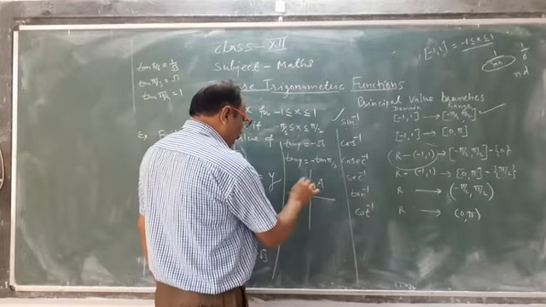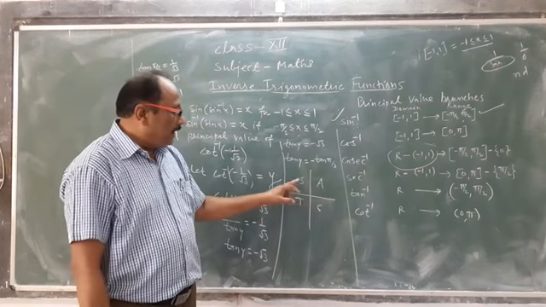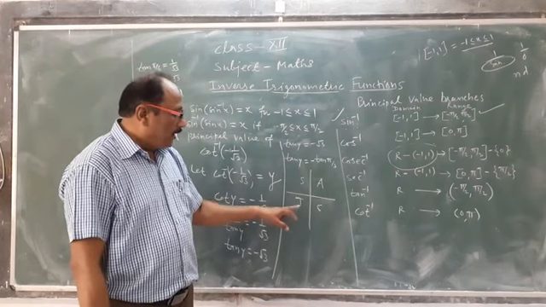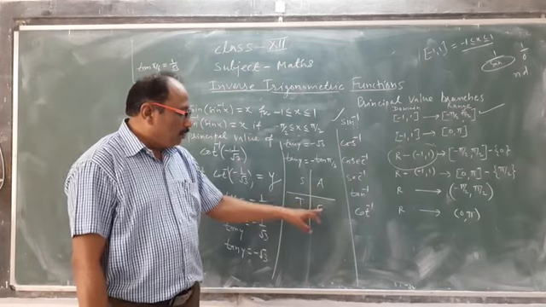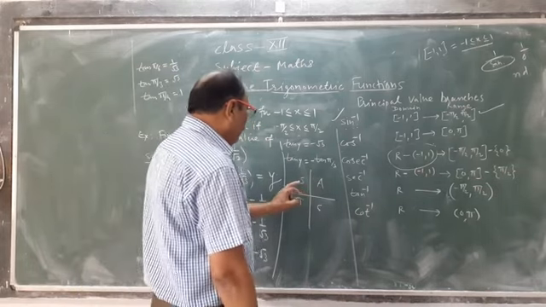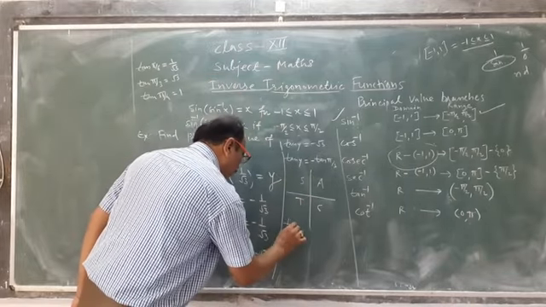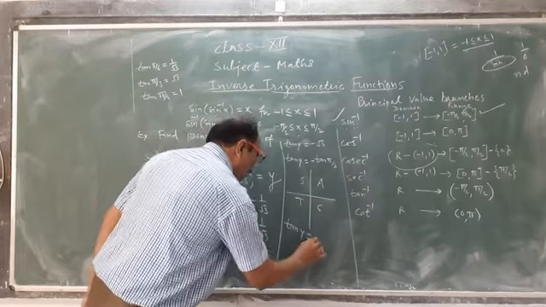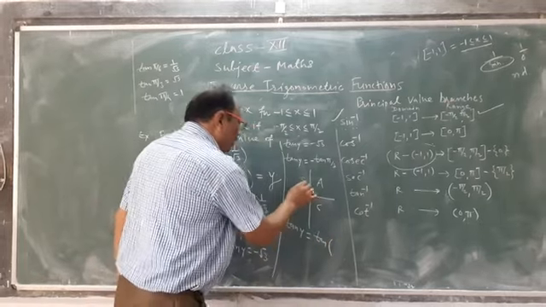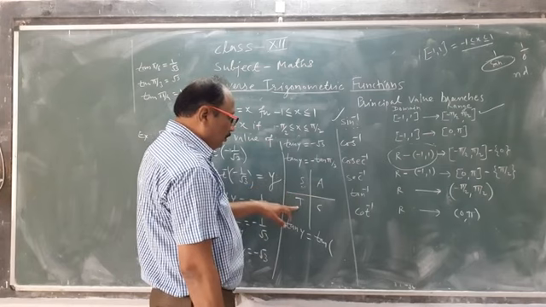A, S, T, C. In the first quadrant all trigonometric ratios are positive, in the second sine is positive, in the third tan is positive, in the fourth cosine is positive. Here tan is negative: it is negative in the second, positive in the third, negative in the fourth. Since sine is positive here, tan is negative.